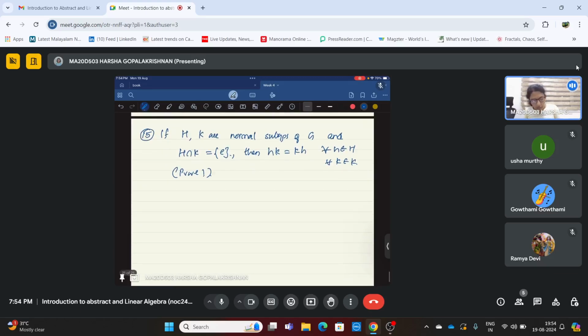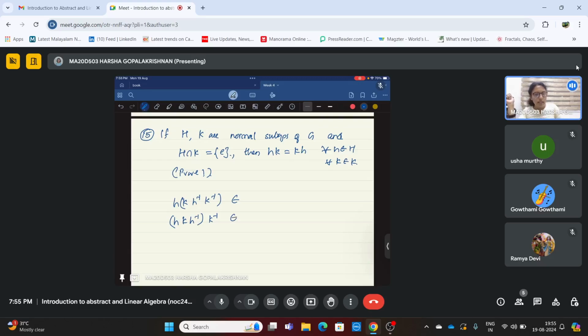So how will we start with this? h k h inverse k inverse.